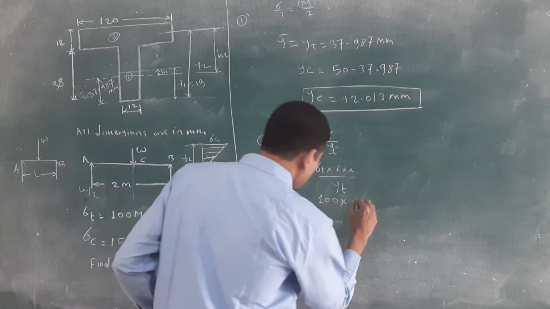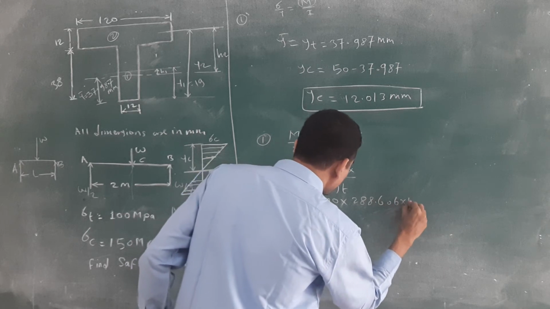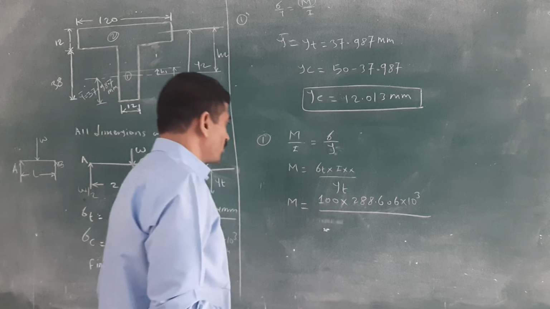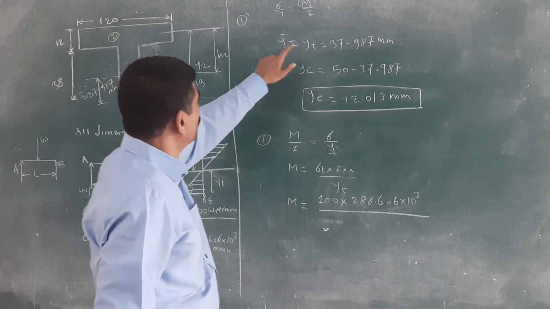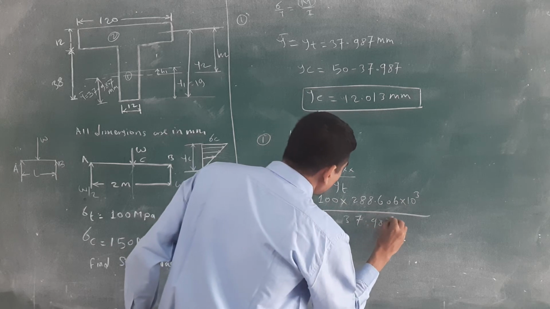100 into the Ixx value, which I have written here: 288.606 into 10 raised to 3, in mm raised to 4. And what is the Yt value? 37.987.